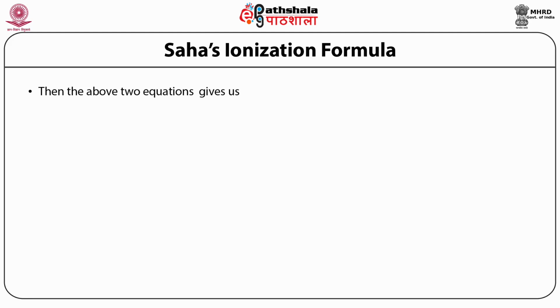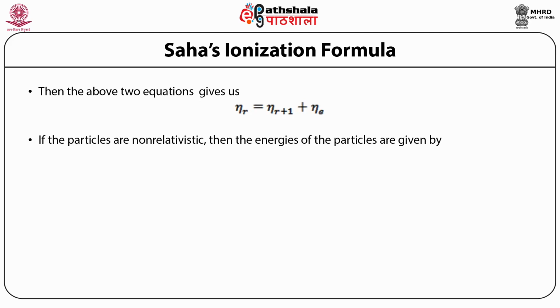Then the above two equations give us eta r equals eta r plus 1 plus eta e. If the particles are non-relativistic, then the energies of the particles are given by E equals p square divided by 2m.